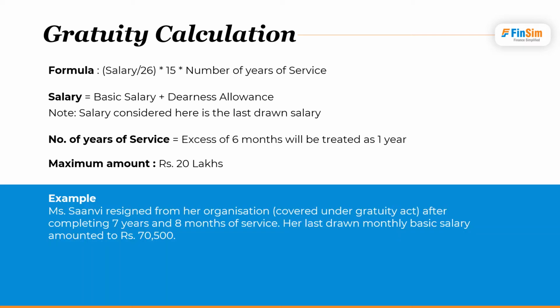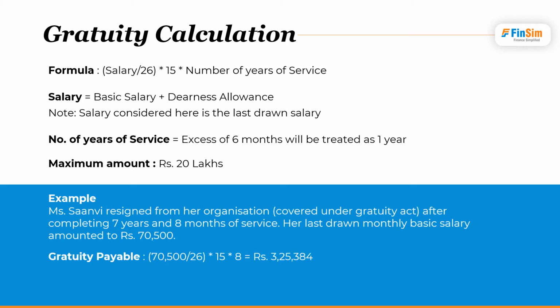Let's now calculate gratuity for a sample scenario. Ms. Sanvi resigned from her organization, which was covered under the Gratuity Act, after completing 7 years and 8 months of service. Her last drawn monthly basic salary amounted to rupees 70,500.